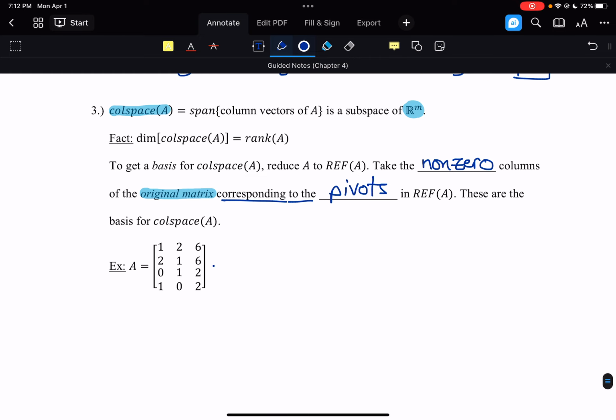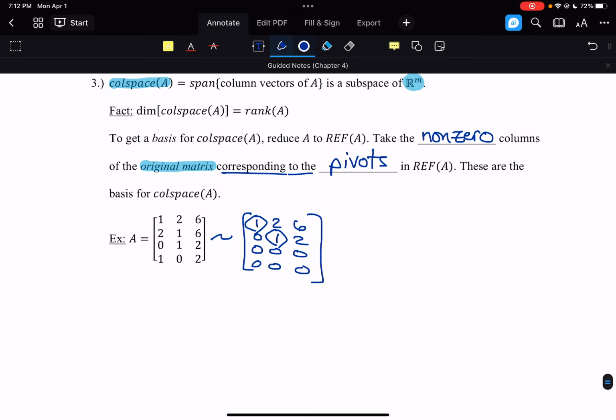So for this same example that we've been working with here, we get 1, 2, 6, 0, 1, 2, and our all 0 rows. We've got our pivots here. Now, the column space itself is just all of these original vectors. And you'll see as we go through with vectors like this, notationally, we want to denote and signify that these are column vectors and that this is their specific direction going vertically like this.